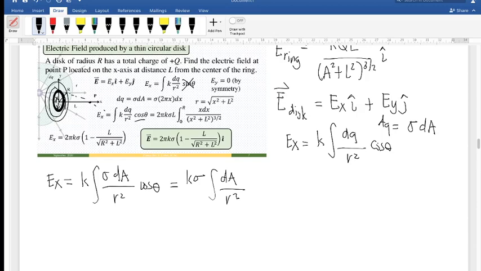So x is a changing variable because we have many rings here. So we can let our r be equal to the square root of x squared plus L squared. So x is the radius of that specific ring only. Okay? So we have cosine theta equal to L divided by the square root of x squared plus L squared. So simplifying, we have k sigma. Now what is your dA? So the dA is actually equal to 2 pi x dx.